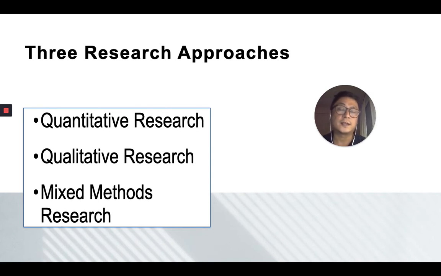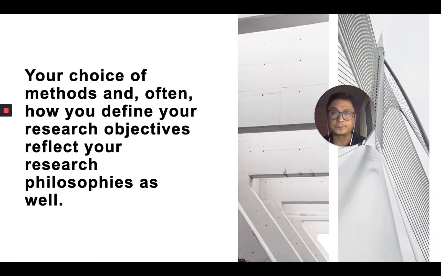Qualitative research, the data is in the form of words, narratives, and other non-numerical information. Okay, so mixed methods, as it implies, combines quantitative and qualitative research methods, and which one they use more, qualitative or quantitative, will depend on the kind of problem that they're trying to address.